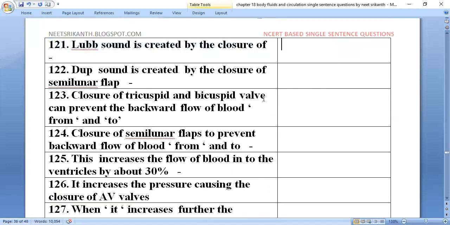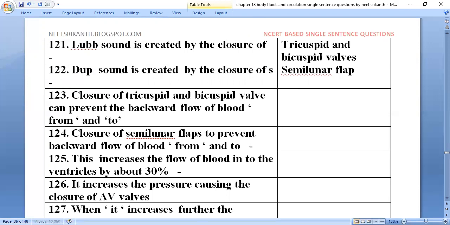Lub sound is created by the closure of tricuspid and bicuspid valves. Tricuspid and bicuspid valves close and create the sound lub. Then dub sound is created by the closure of semilunar flaps, the aortic valve and pulmonary valve.